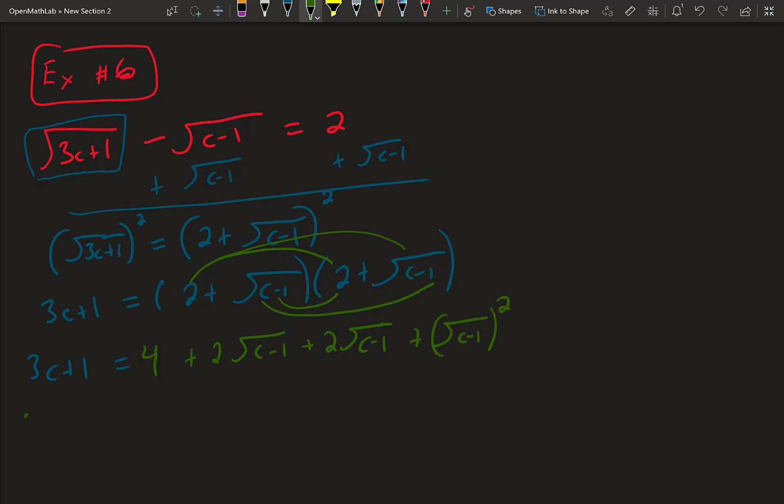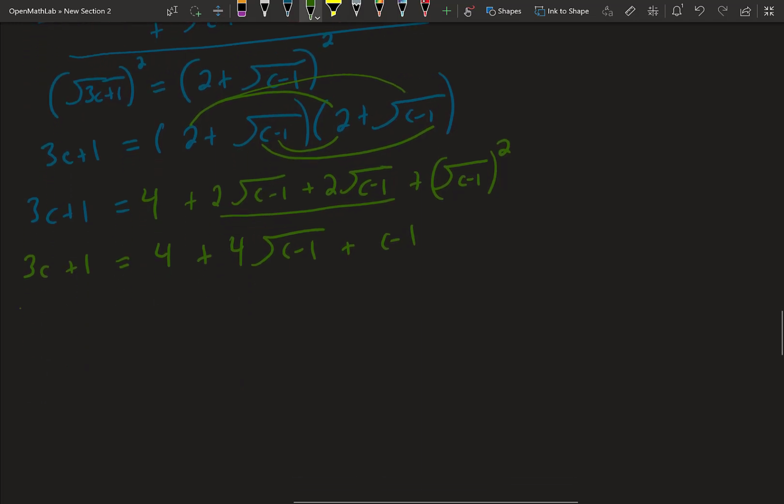So then what I get is 3c plus 1 equals 4 plus, and then this would give me 4 times the square root of c minus 1, right? Because these two guys are like radicals, like terms, so 2 plus 2 is 4. And then lastly, the square root of c minus 1 quantity squared is just c minus 1, right? So we can clean this up a little bit.